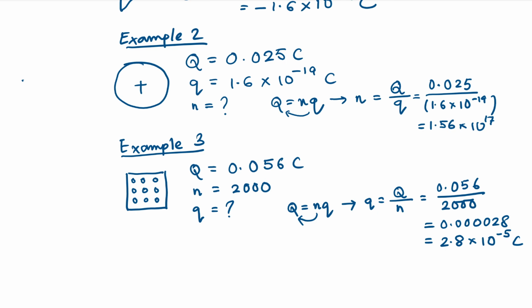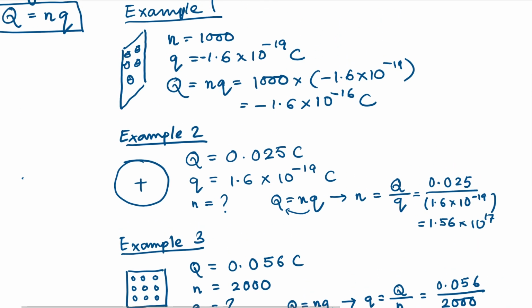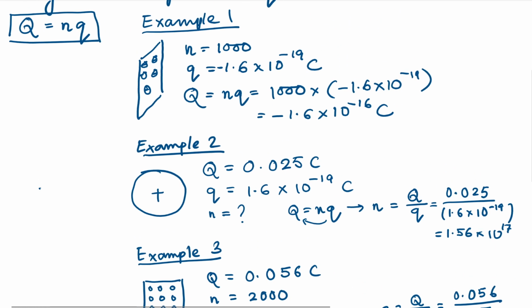So that's the charge on each droplet over here. Okay, so that's everything from this part of the static electricity using the Q equals NQ formula and then using it to solve for capital Q or N or small q.